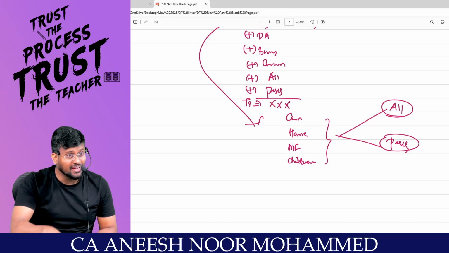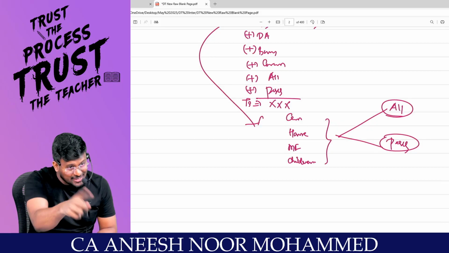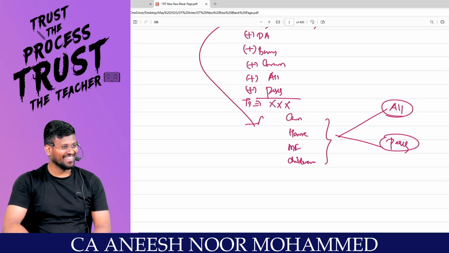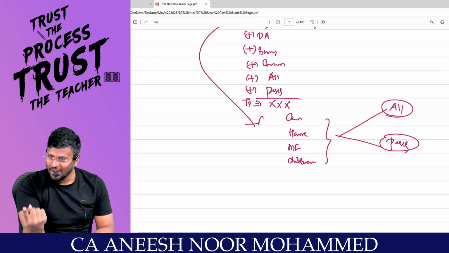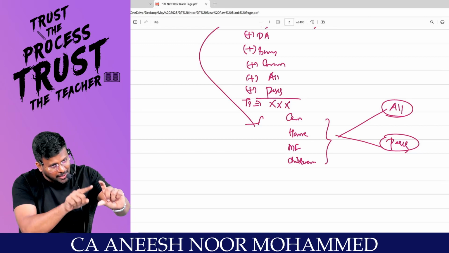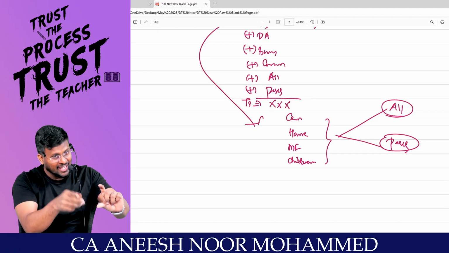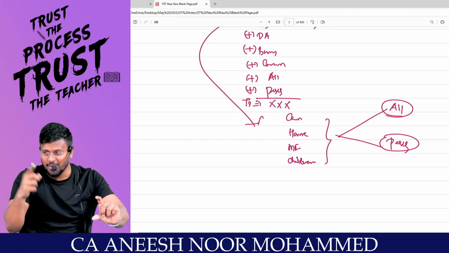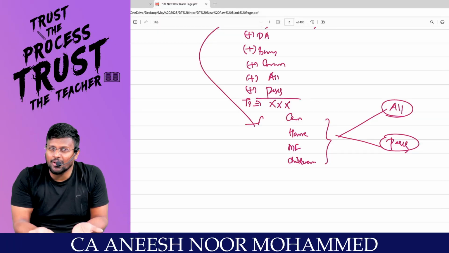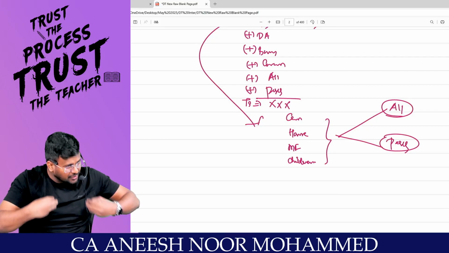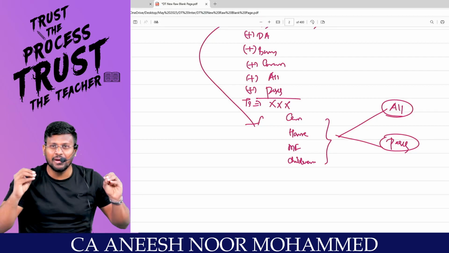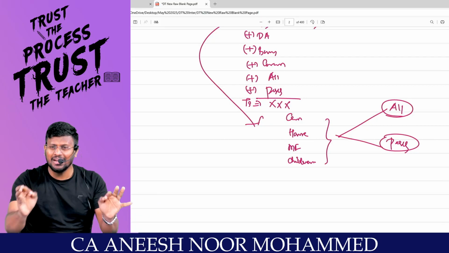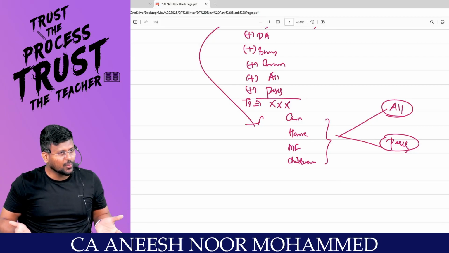Employee. But who paid? Employer. That is a perquisite to the employee, because that tax should have been paid by the employee. The employee's payment has been made by the employer. That's what perquisite is. Any obligation of the employee that has been met by the employer will be treated as perquisite.